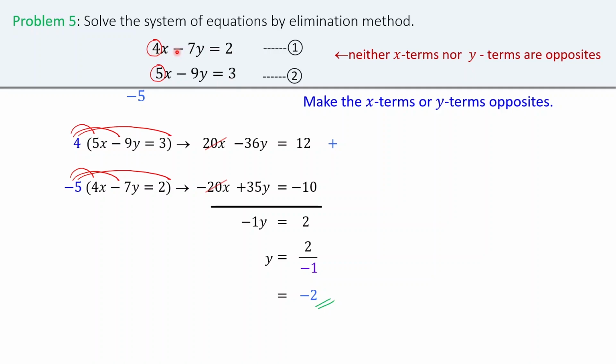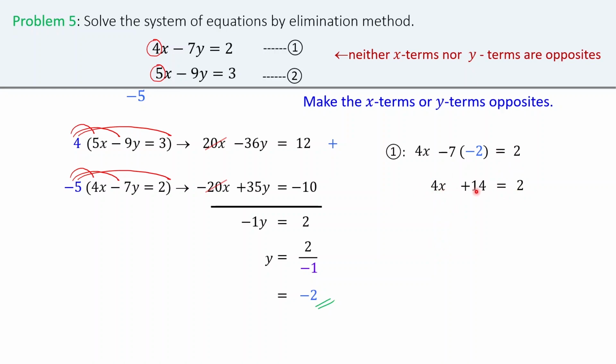I am taking the first equation. 4x minus 7 times y. Substitute negative 2 for y, is equal to 2. 4x minus 7 times negative 2, which is positive 14, is equal to 2.